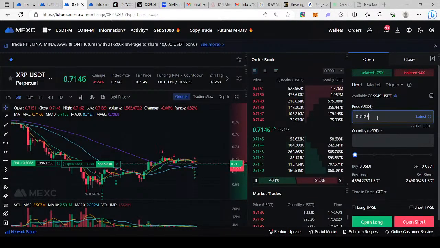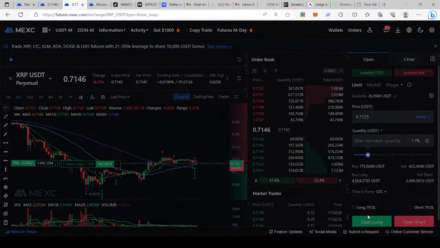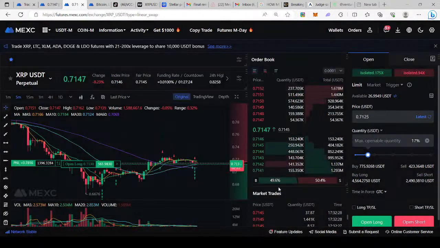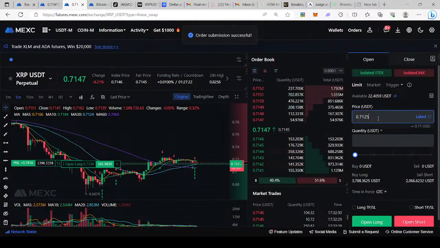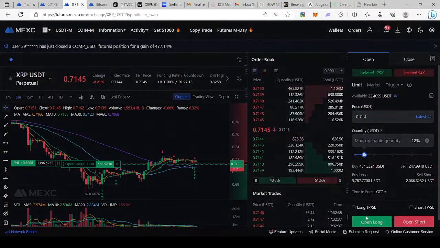I'm going to open that up, and I'm going to do another 17% in case we have that. And then I'm going to set another order here at 71.40, which seems to be where it taps a little bit. I'm going to do a 12% there, which is a normal entry.